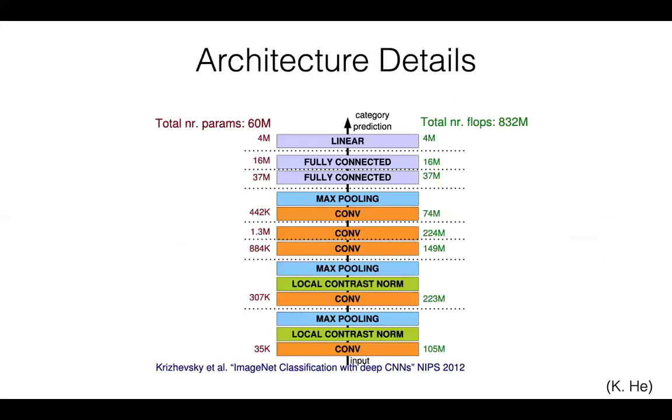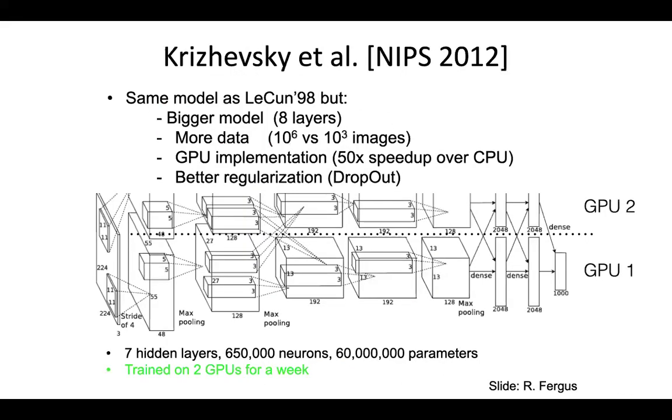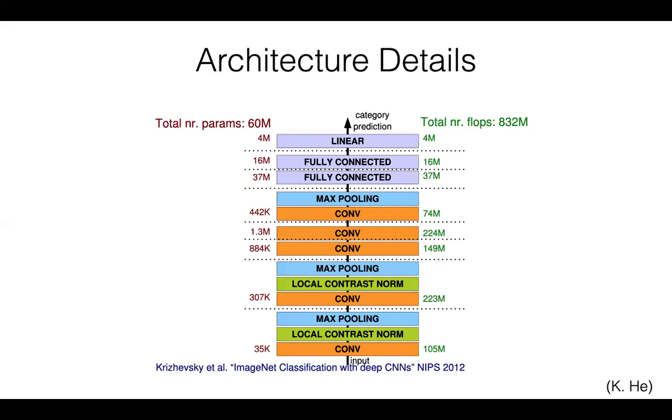So here we see the detail of the network, which is difficult to see. We have the inputs, and basically the architecture that we discussed: convolution, local contrast normalization, max pooling, convolution, local contrast normalization, max pooling, and then in the final layers we have 3 convolutions in sequence, 1 max pooling, and in the end 2 fully connected layers, and for the prediction a final linear layer, right?